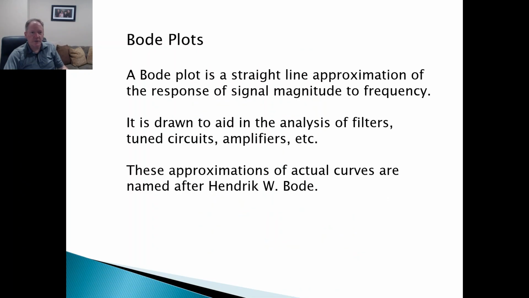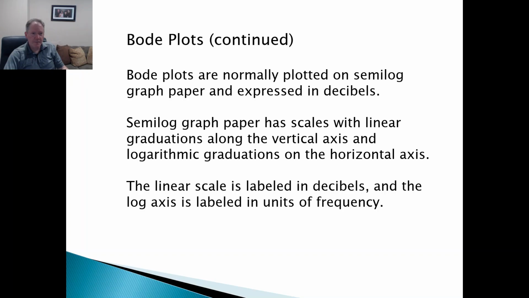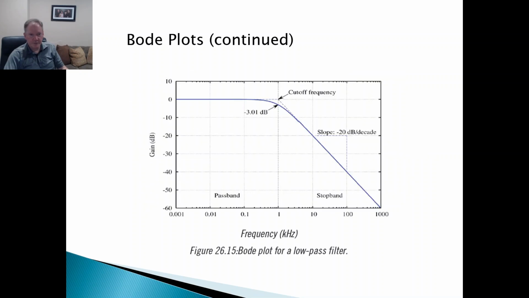These outputs are always on a Bode plot, okay? The linear scale is in decibels, and the log axis is labeled in units of frequency. So here's the cutoff frequency, -3, and then the decay or slope will be at -20 decibels.